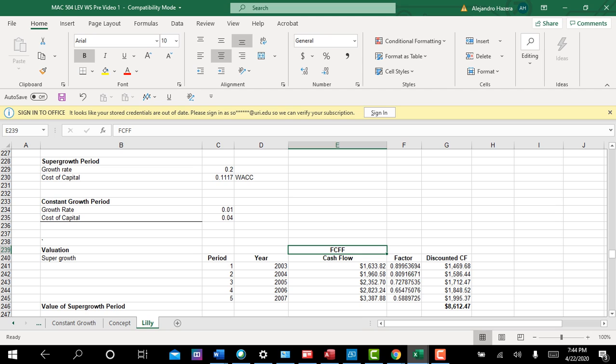You haven't taken out the interest expense, so I use free cash flow to the firm there. And then for the discount factor, I use the weighted average cost of capital. So the numerator and denominator match in a sense, or if you're going to use cash flow produced by assets without taking out interest expense, you've got to use free cash flow to the firm. If we take out interest expense, you use free cash flow to equity.